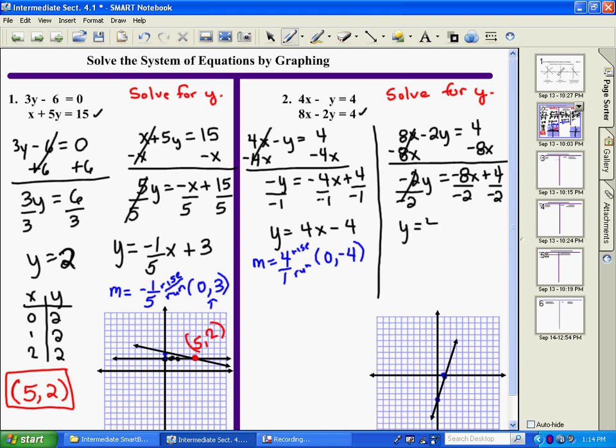Y equals 4x minus 2. We're going to name our slope, and our y-intercept is going to be (0, -2). So when I plot this one, I start at (0, -2), which is here, and then I'm going to rise over run, so I'm going to go up 4, right 1, which is right here. Graph that.